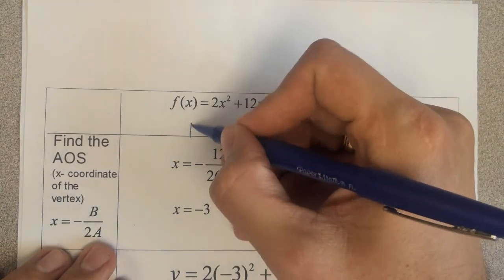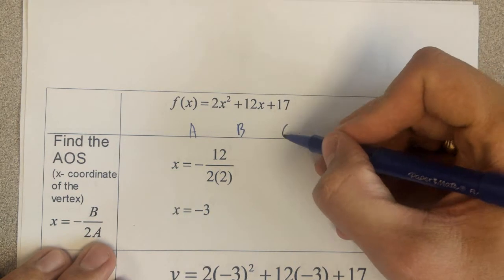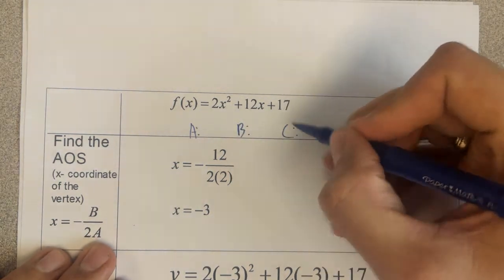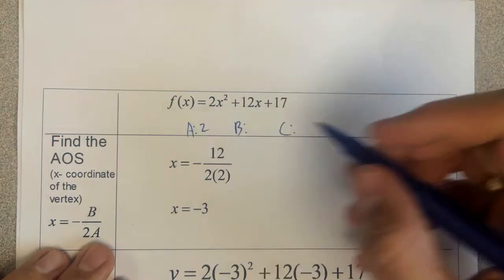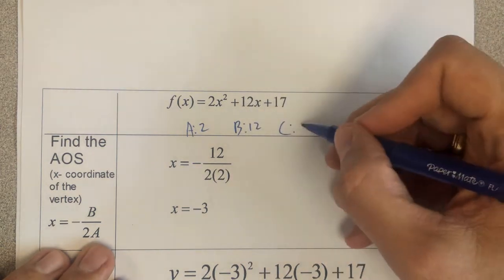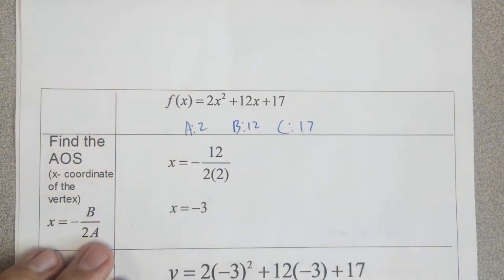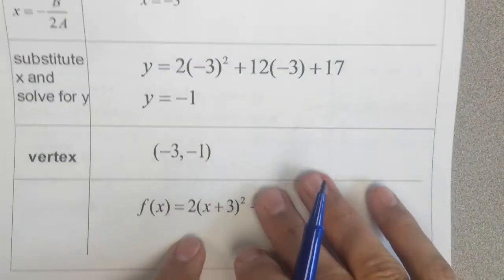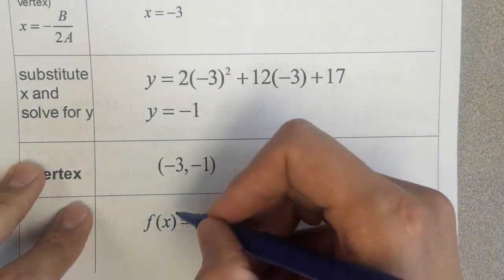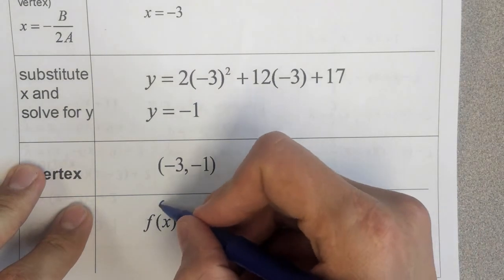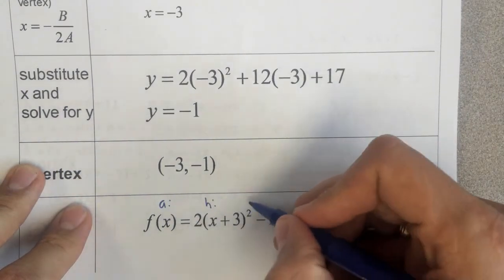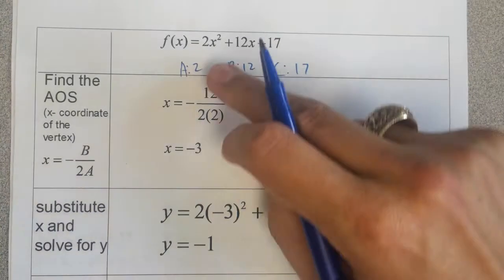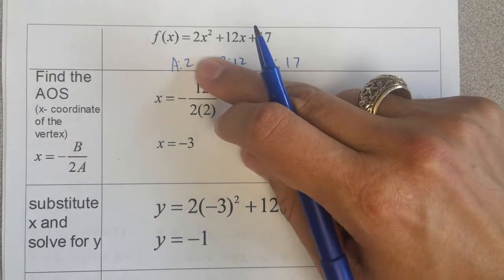Now, if I asked you where my A, B, and C are for my standard form, my A is 2, my B is 12, and my C is 17. We're going to eventually come down here to my vertex form, and we're going to need my A, H, and K. As I mentioned before, my A is the same.